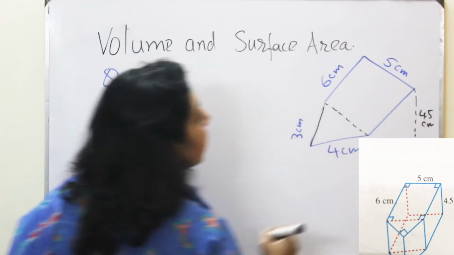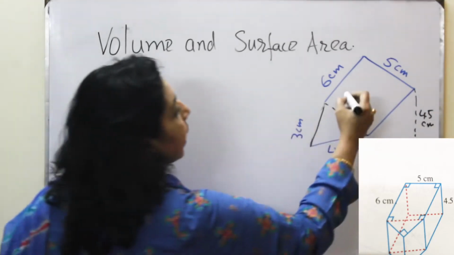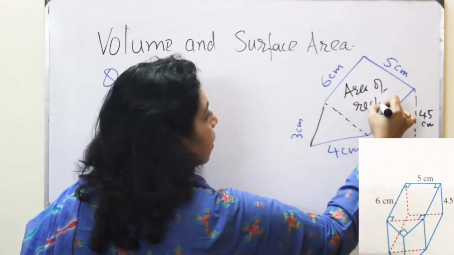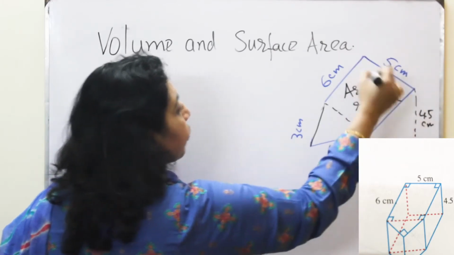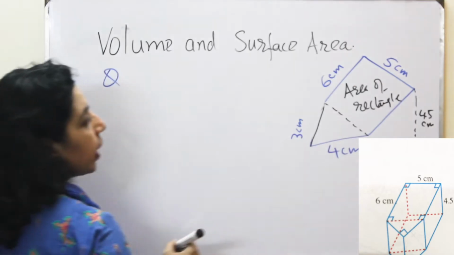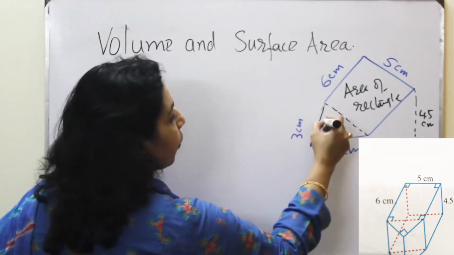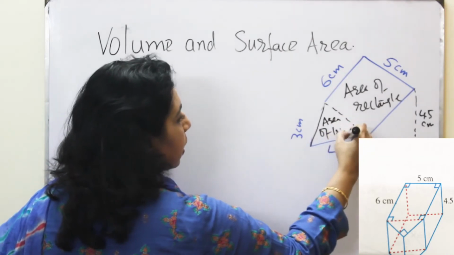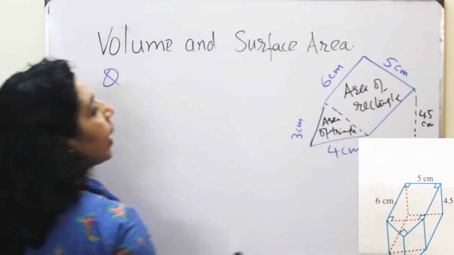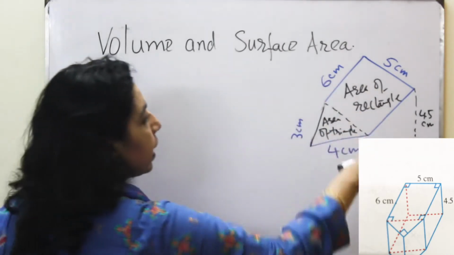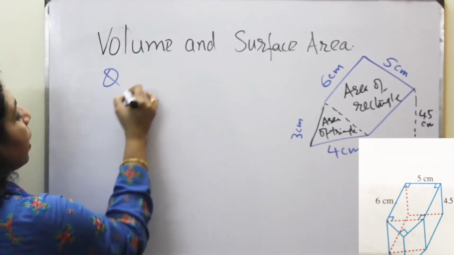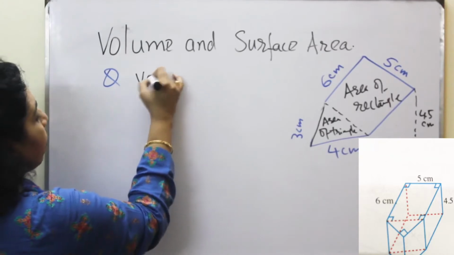So first I shall find the area of rectangle, that is 6 into 5, you know, base into height is the area of the rectangle. Then I shall find area of triangle here. I shall add these two to find the base area, and then we shall multiply it with 4.5.